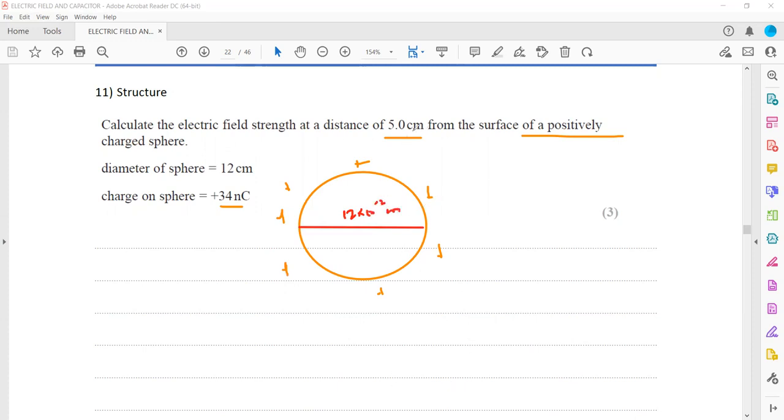We want to calculate the electric field strength at a distance 5 centimeter from the surface. So we'll use the formula E equals kq over r squared.